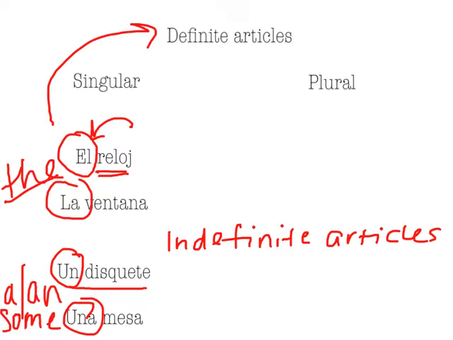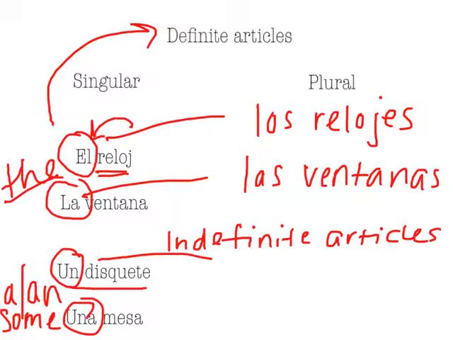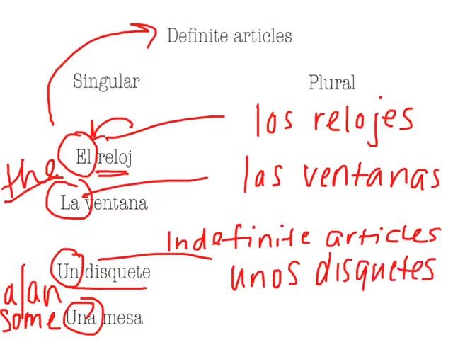So here we go. El changes to los. So we have los relojes. La changes to las. So we'll have las ventanas. Un changes to unos. So we'll have unos disquetes.